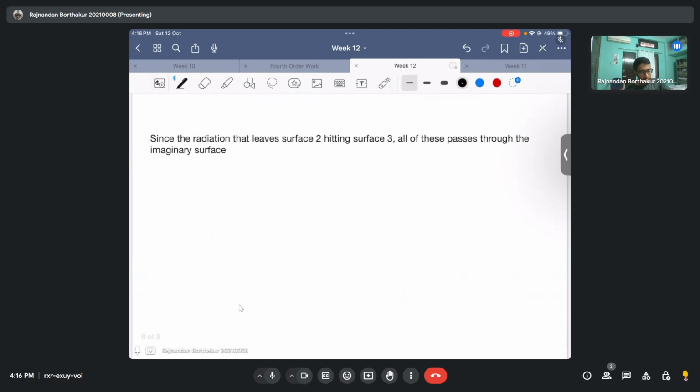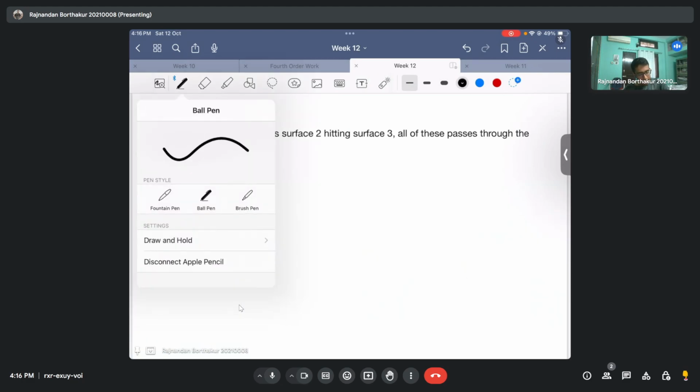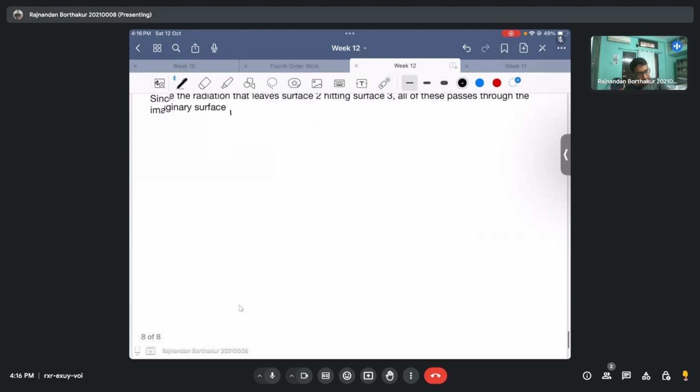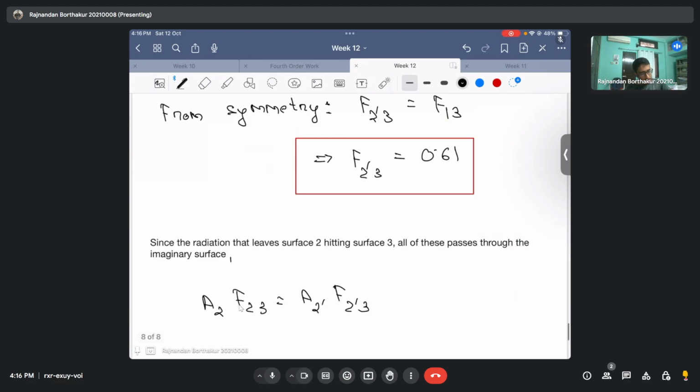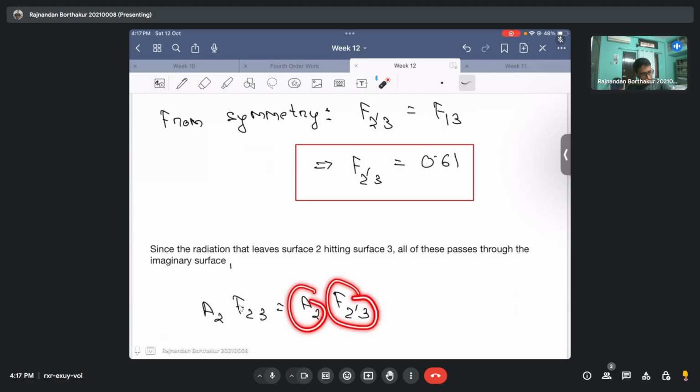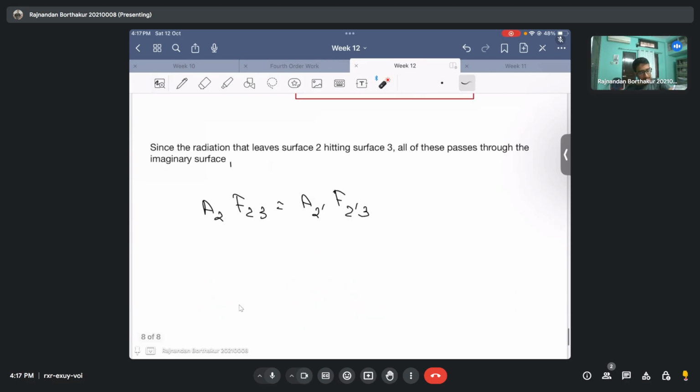So what I want to say is that since the radiation that leaves surface 2 heating surface 3 all passes through the imaginary surface, I can now write that A2 F23 should be equal to A2 prime F2 prime 3. Since I know F2 prime 3 and the areas of the real and imaginary surfaces, F23 is A2 prime by A2 times F2 prime 3.